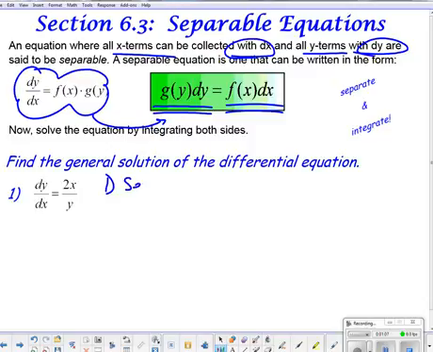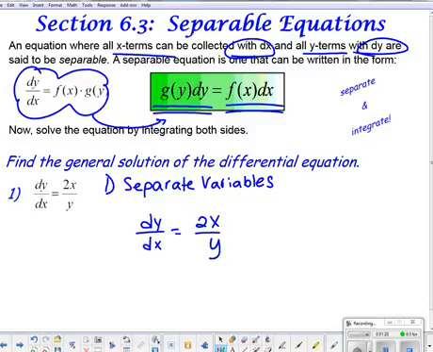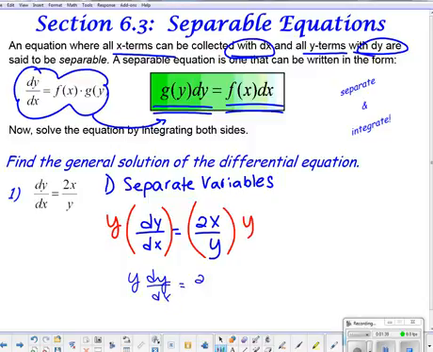Let's separate variables, and we'll do that through algebraic methods. So I will want to multiply, it appears, by y on each side. So I have dy/dx is equal to 2x over y. And then we're going to multiply by y on each side. And that will lead us to y dy/dx is equal to 2x.